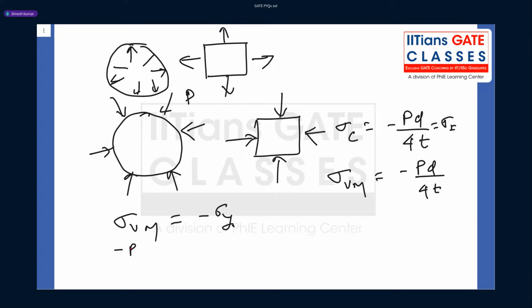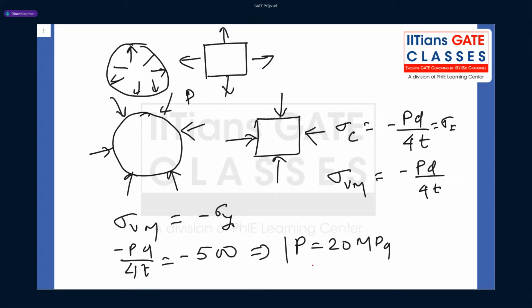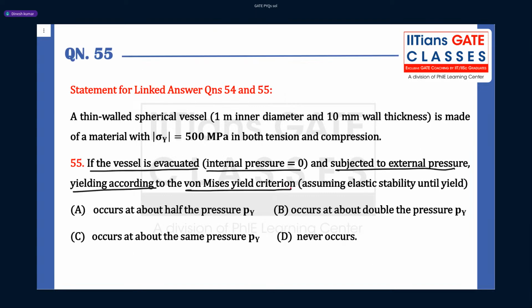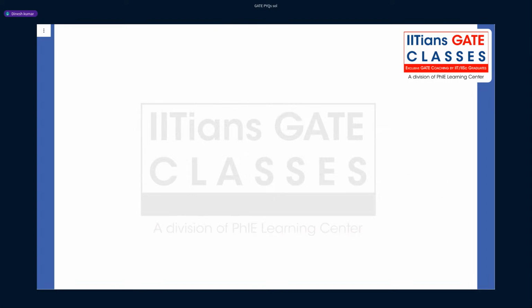So minus PD by 4t is equal to minus of 500. And from here again the pressure acting from outside comes as 20 megapascal. So that means yield will occur at about the same pressure Py. So C is the correct answer in this case.